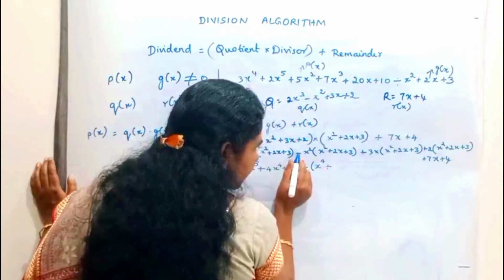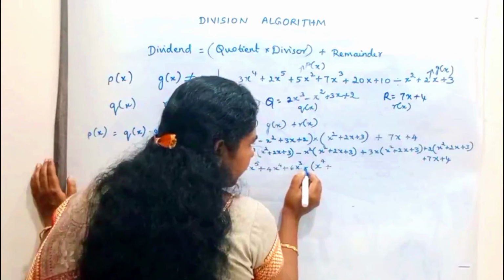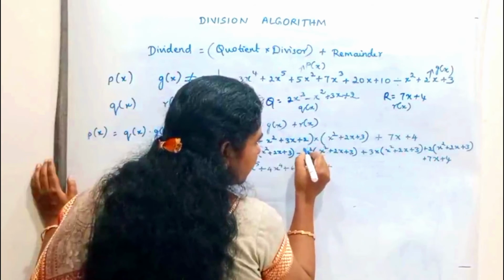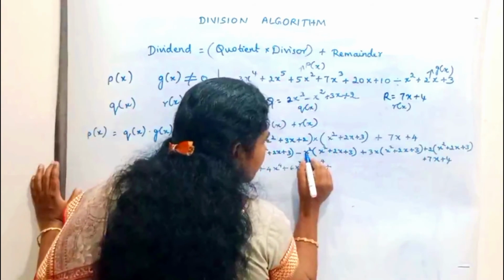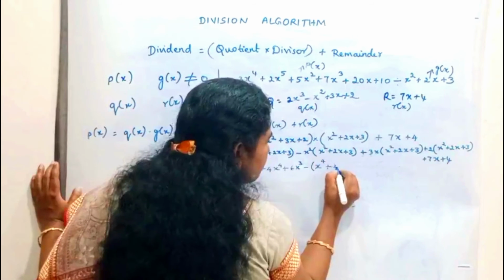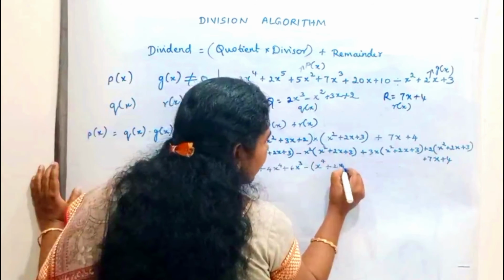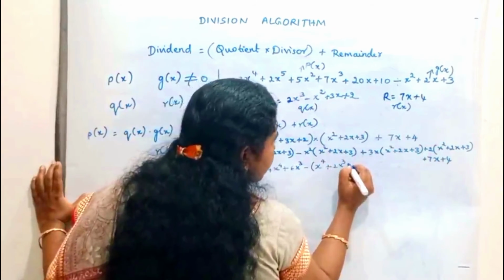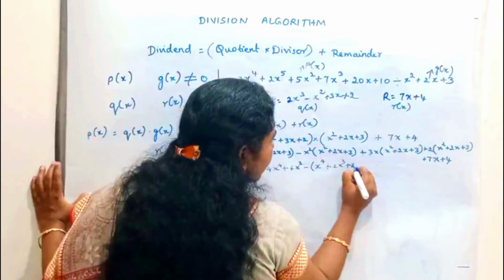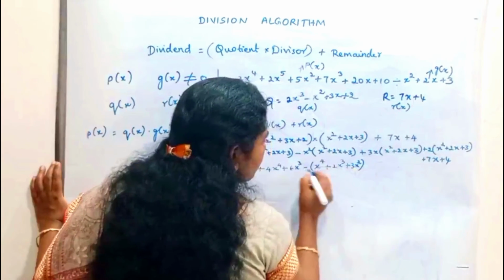Already I have considered this minus in front. So now I can multiply this x square with all the terms inside. So here it is plus x square into 2x. So 2 x square into x, it is x cube, 2 plus 1. So it is x cube. And the next plus 3 into x square. And we have to close the bracket.